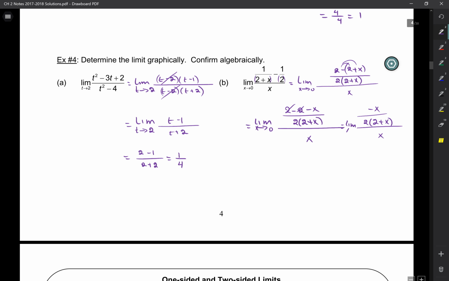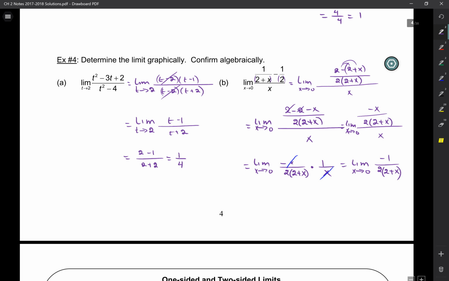So limit x approaches 0. Now I have a fraction divided by x. So this is like the fraction times 1 over x. Okay? Cancel out the x, cancel out the x. What do I have left? Limit as x approaches 0, negative 1 over 2, 2 plus x.